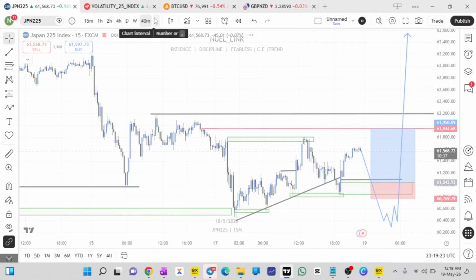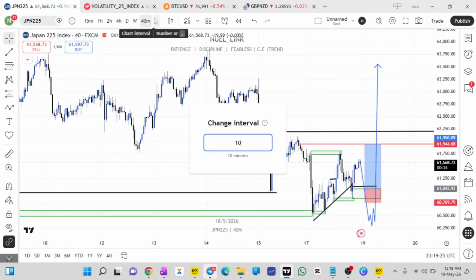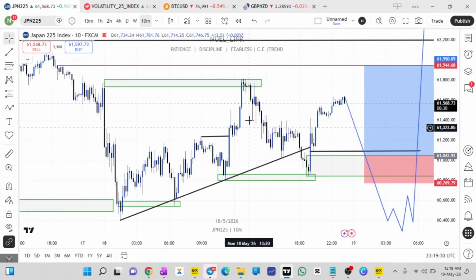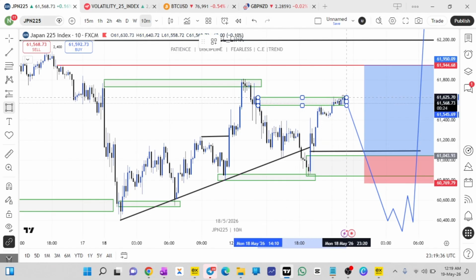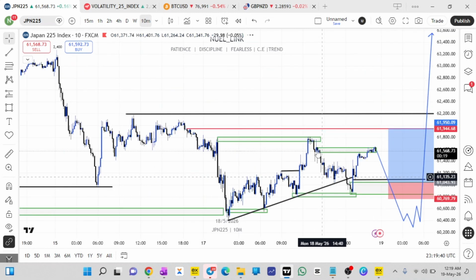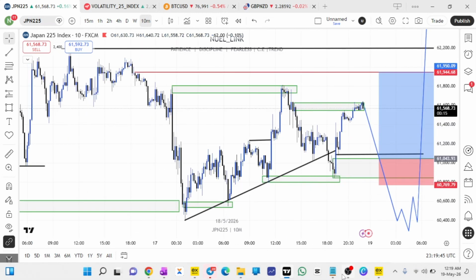This is the structure shift liquidity. That is the price currently reacting from here. So if price should sell from here, I will expect it to take out this high because it means this supply is actually valid.